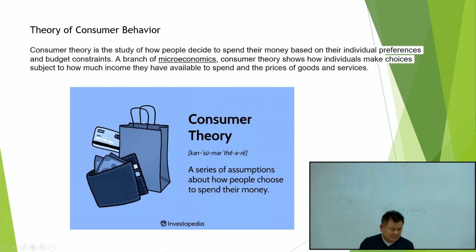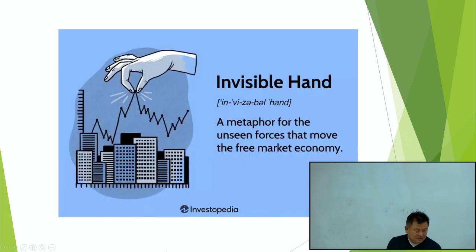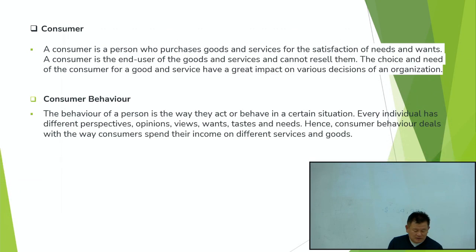And let me introduce: what is consumer? Consumer behavior. The consumer is a person who purchases goods or services for the satisfaction of needs and wants. A consumer is the end user of the goods and services and cannot resell them. End user, final user.